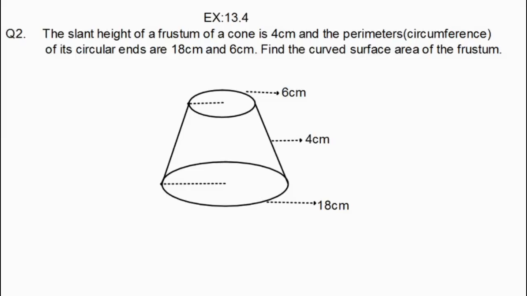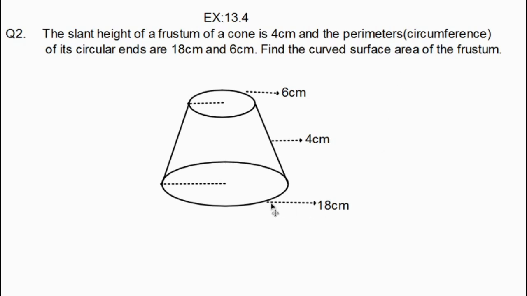Again in question number 2, the slant height of a frustum of a cone is 4 cm, and the perimeters, meaning the circumferences of its circular ends, are 18 cm and 6 cm. Find the curved surface area of the frustum. In this question, instead of giving the radii, the circumferences of the two circular ends are given.